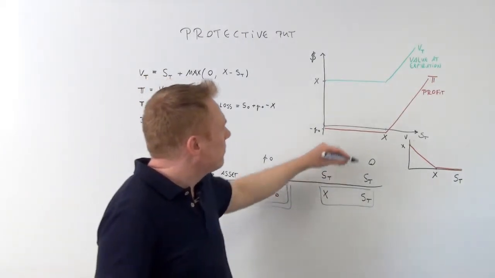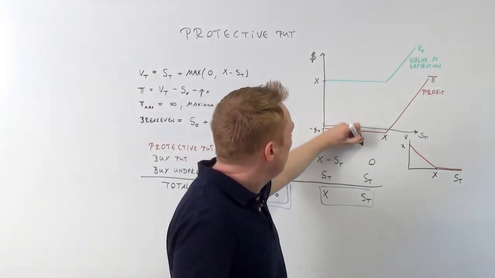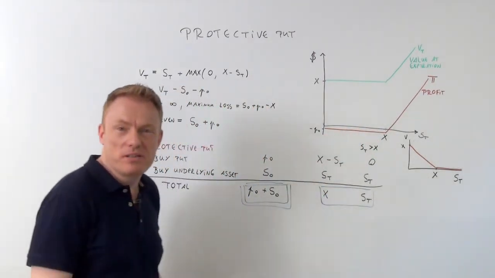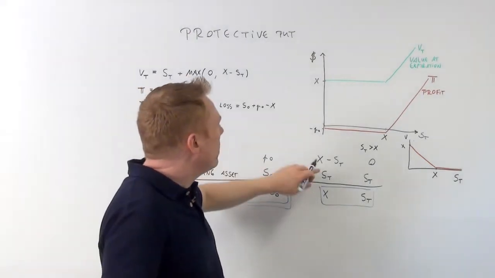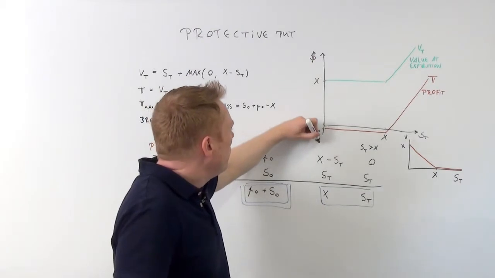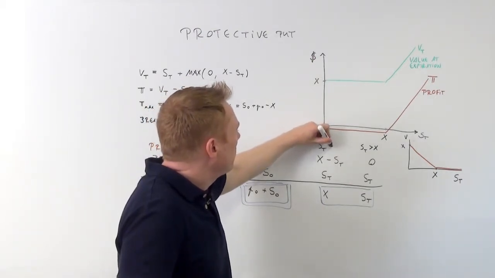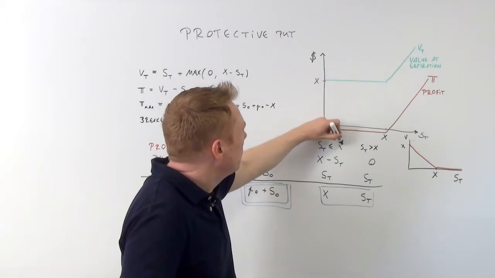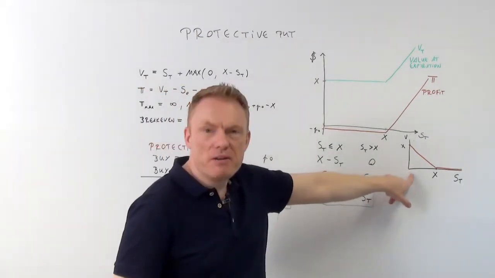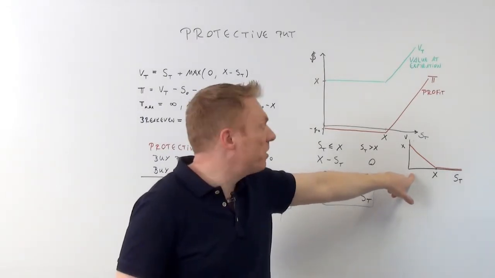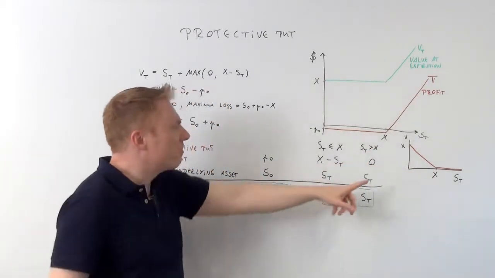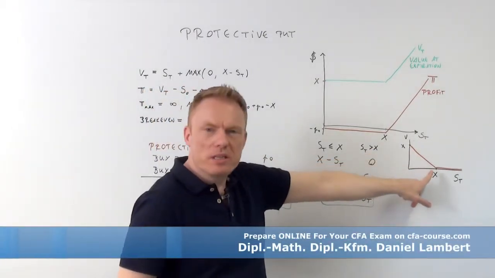It is 0 if S sub T is strictly superior to the exercise price, or it is X minus S sub T if S sub T is inferior to the exercise price X, which means if we are on the left side of the exercise price, then we get as the value of this put this red line here.